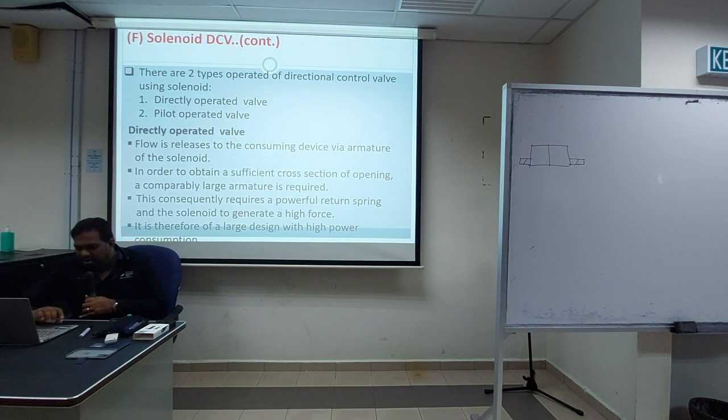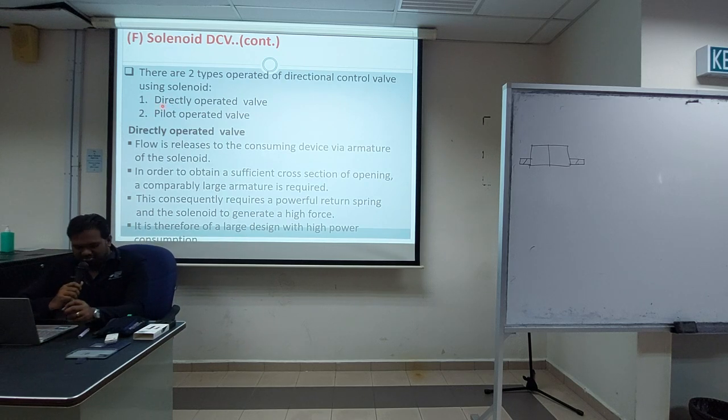Okay, solenoid you have two types. The first one is directly operated and also pilot operated. So ingat lagi apa itu direct operated? Ni soalan famous ni yang biasa keluar. So direct operated, maksudnya in between you don't have any component to control. So you bagi input, dia terus sambung dekat valve.